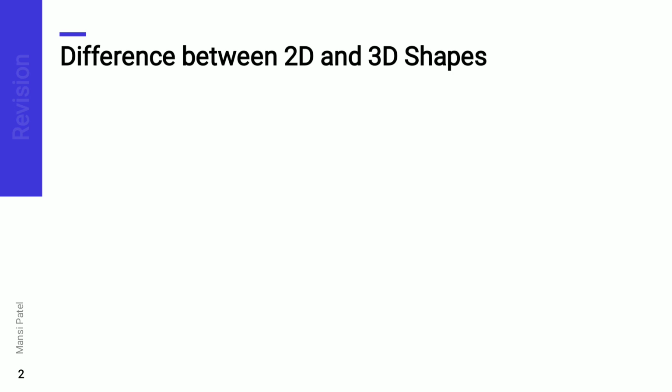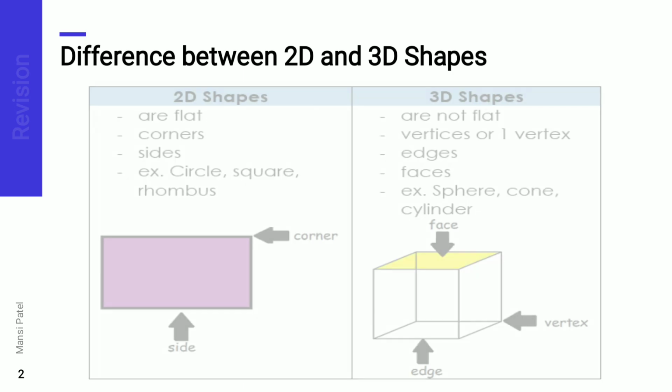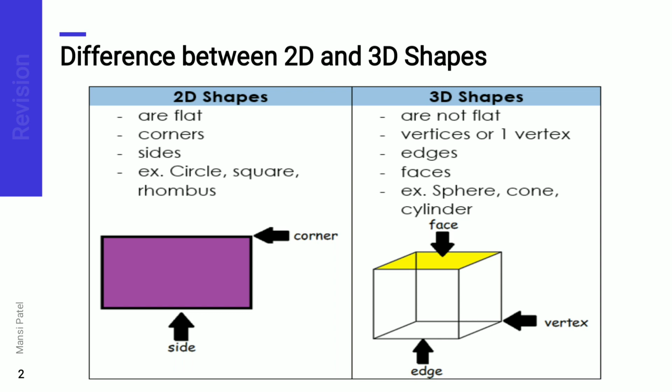And the 3 dimensions are length, breadth and height. So we can say that the 2D shapes are flat, it's simple. Whereas the 3D shapes are not flat. Why? Because they have some height, and just because of that height, we can say that 3D shapes are not flat.